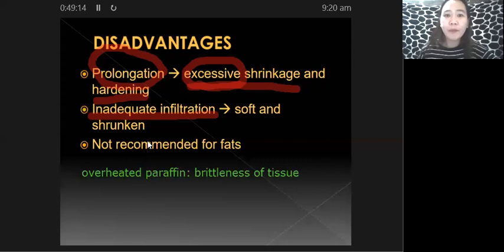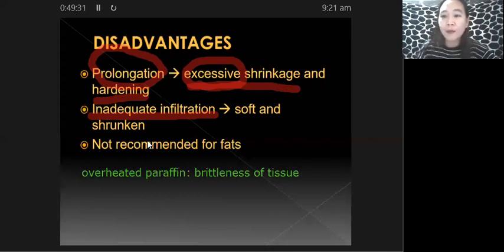Remember, one characteristic of your clearing agent should be its compatibility with your paraffin wax. Your clearing agent has to be compatible with your paraffin wax.